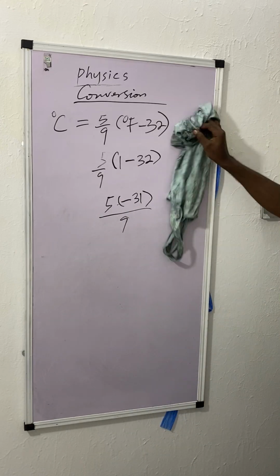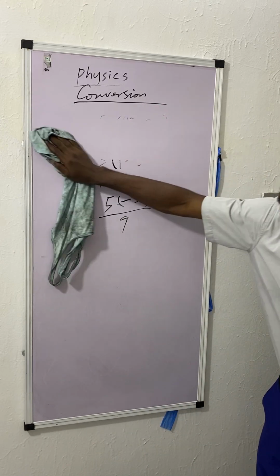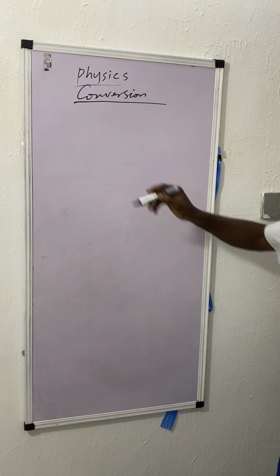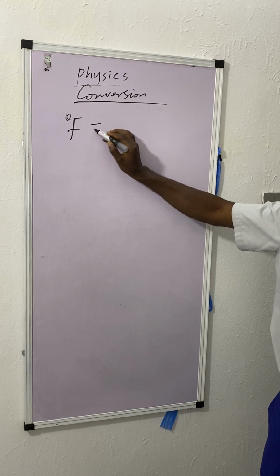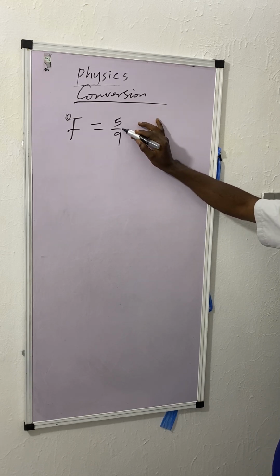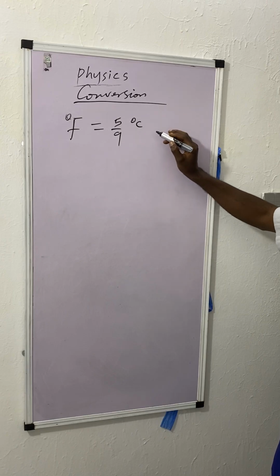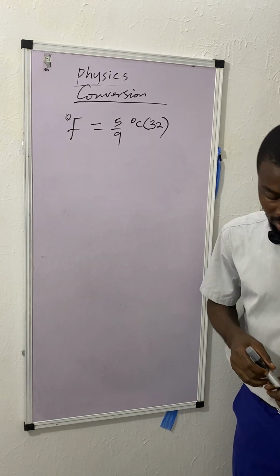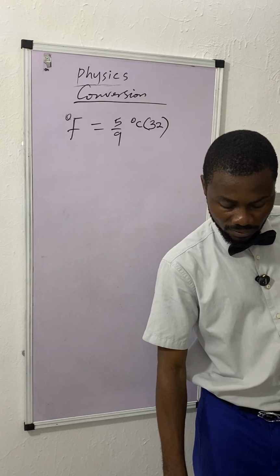Say you want to convert from degree Celsius back to degree Fahrenheit. So degree Fahrenheit is equal to 5 over 9, then degree Celsius, bracket open, 32. We now have to put this in brackets. So you substitute and you get your answer.